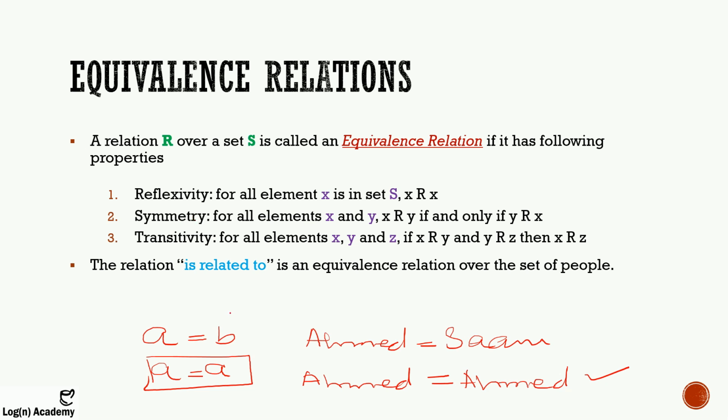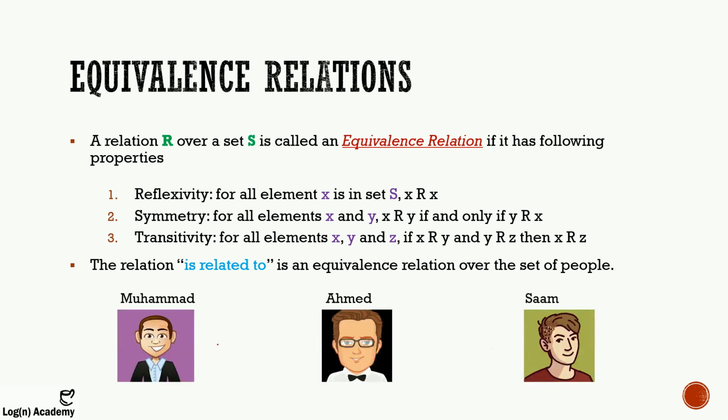Now, the second point is symmetry. For all elements x and y, x is related to y if and only if y is related to x. So now, for example, I have these three pictures again. Let's say this is x and this is y.